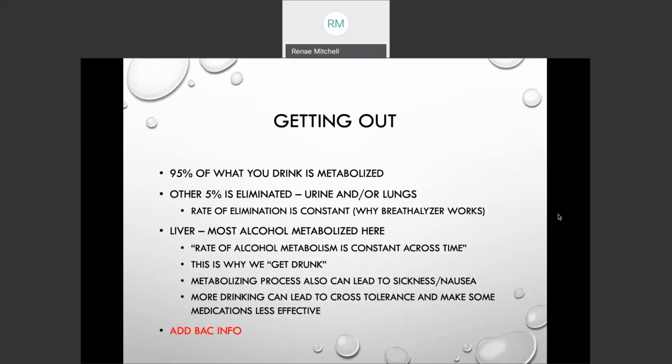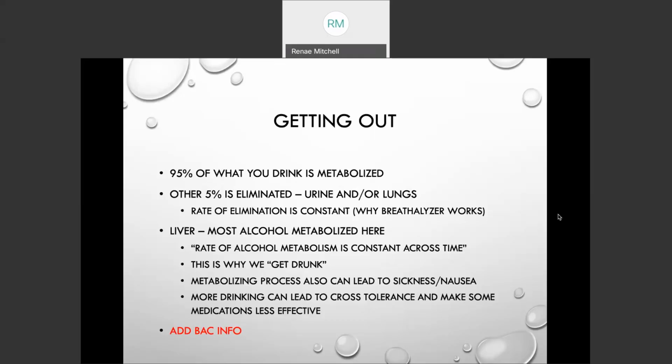And so the rate of elimination is constant, meaning that once alcohol is consumed, it's eliminated at the same rate across time. And because it's eliminated through the urine or through the lungs, a breathalyzer can detect alcohol because that relies on the exhalation of alcohol molecules through the breath.